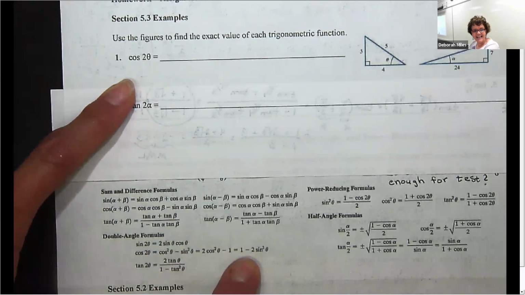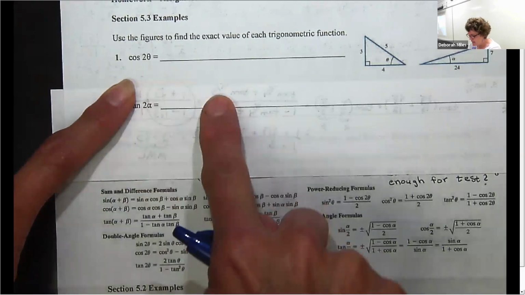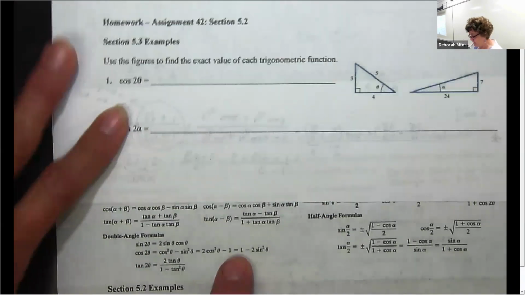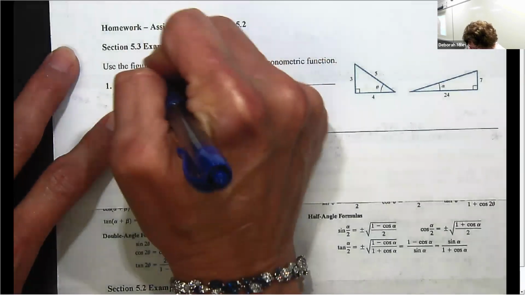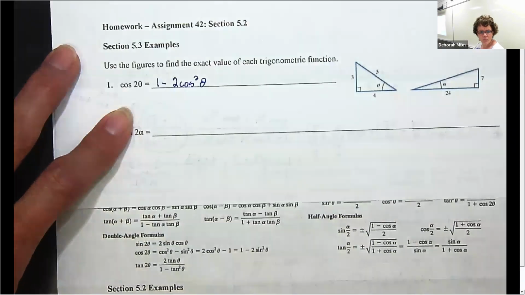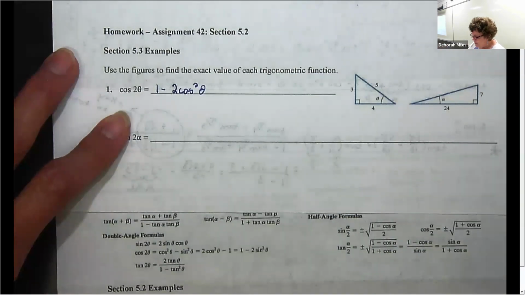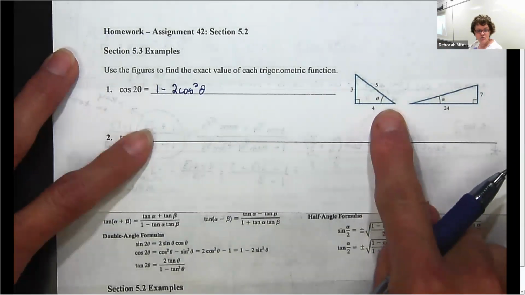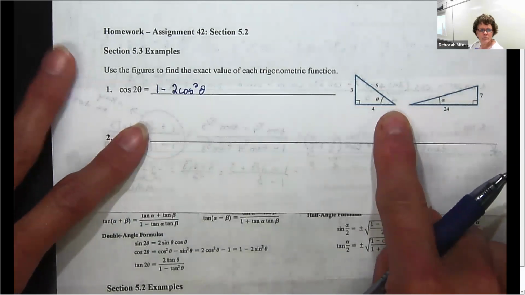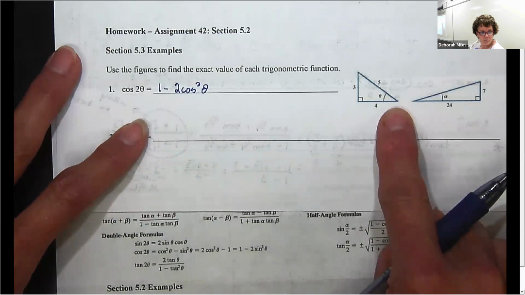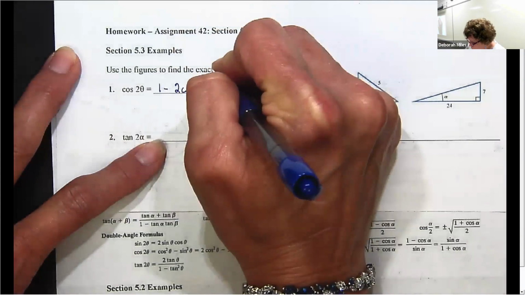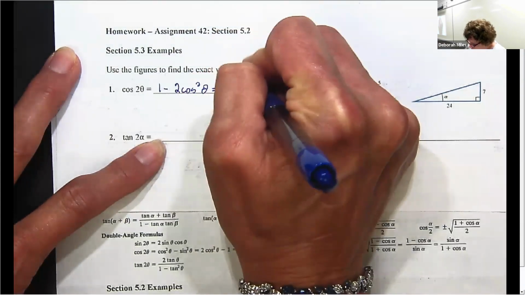So as far as getting a numeric value for cosine 2 theta, you could use any one of those. If we want to use, let's say the last one, 1 minus 2 cosine squared theta, then we could read the value of cosine theta right off this triangle. What would cosine theta be? Yeah, it would be 4/5. So cosine 2 theta would be 1 minus 2 times 4/5 squared.